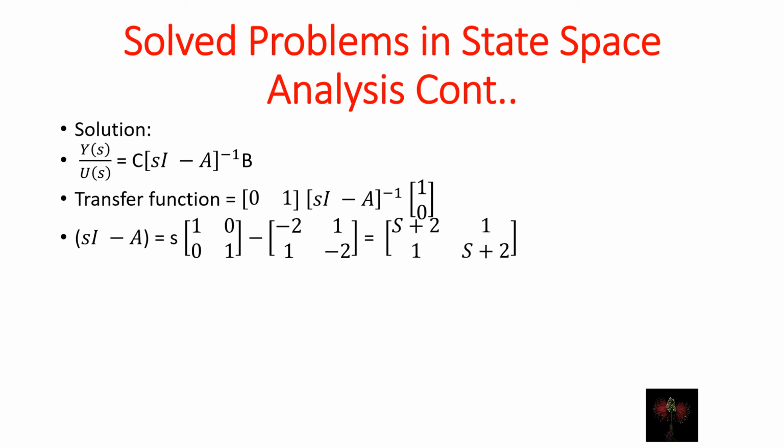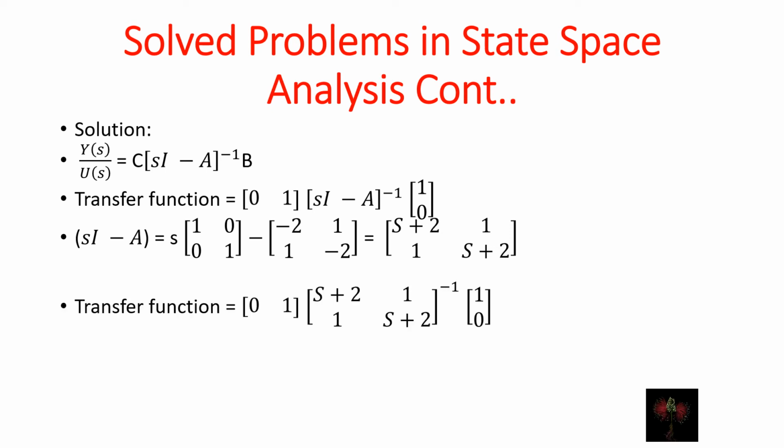This is the A matrix value. So if you simplify, we get s plus 2 1 1 s plus 2, and the transfer function is equal to matrix C 0 1 into si minus A matrix, which is s plus 2 1 1 s plus 2, the inverse, into 1 0.